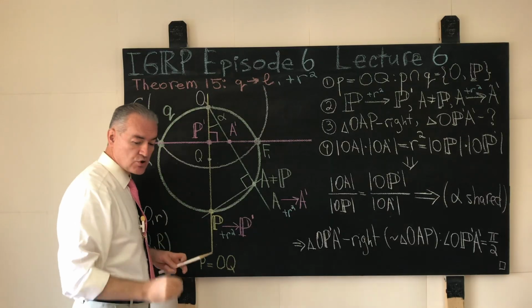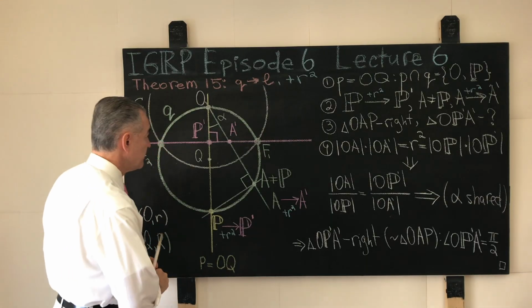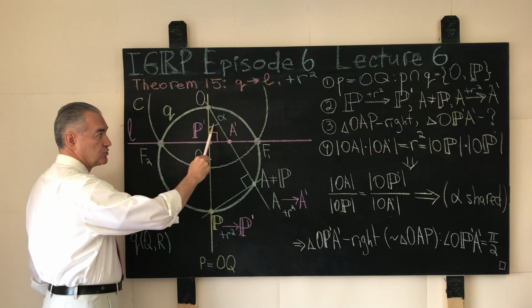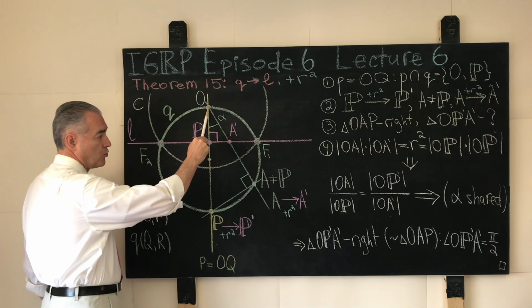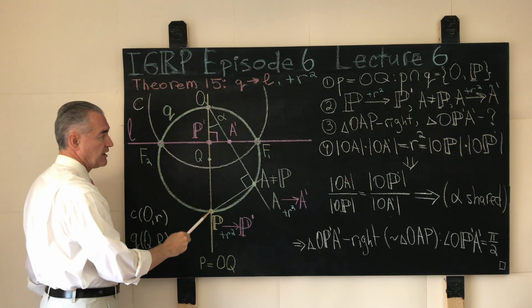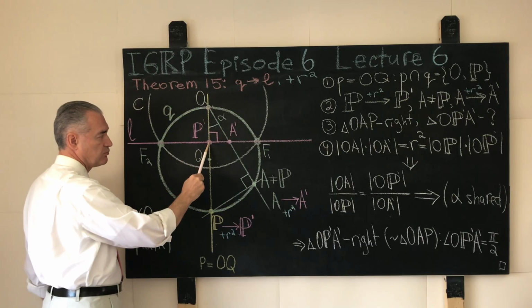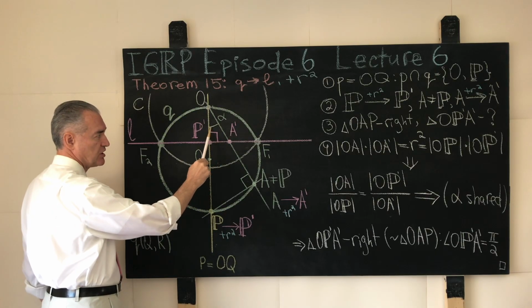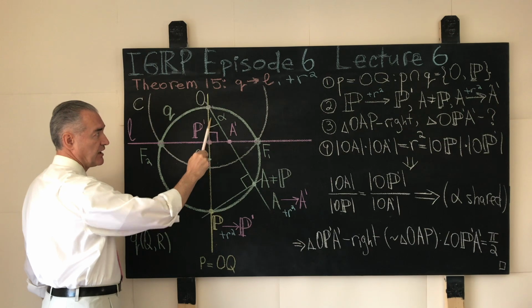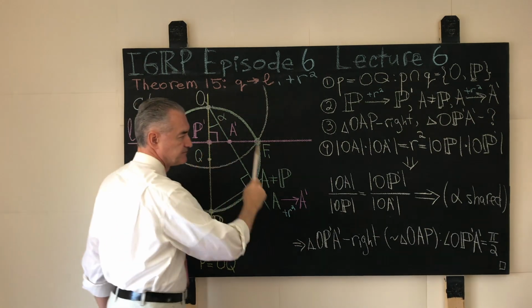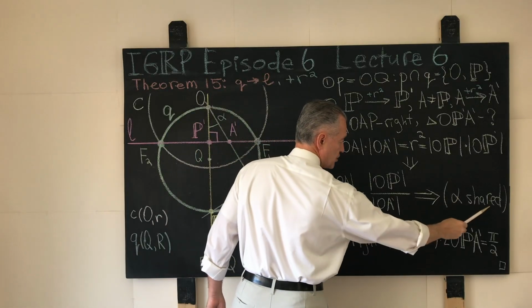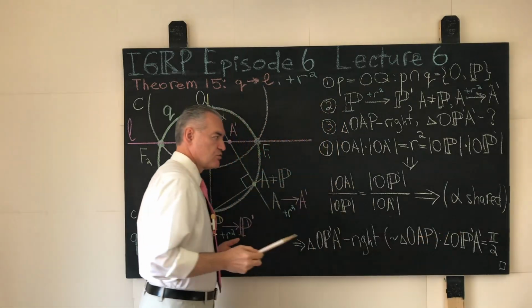And from that proportion and the fact that these two triangles, the triangle OAP and the triangle OP prime A prime, share the interior angle, this angle to which I refer as alpha, what conclusion will we draw?